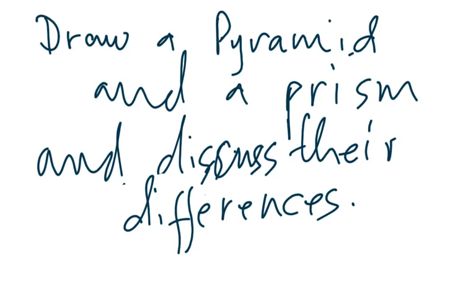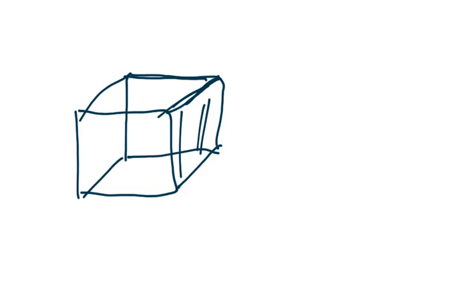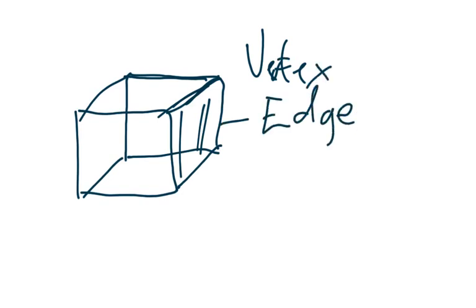That would summarize what we've talked about today, and also the fact that we've looked at three-dimensional shapes and talked about their properties. We've talked about the vertices, the edges, and the faces. Vertex, edge, and face.